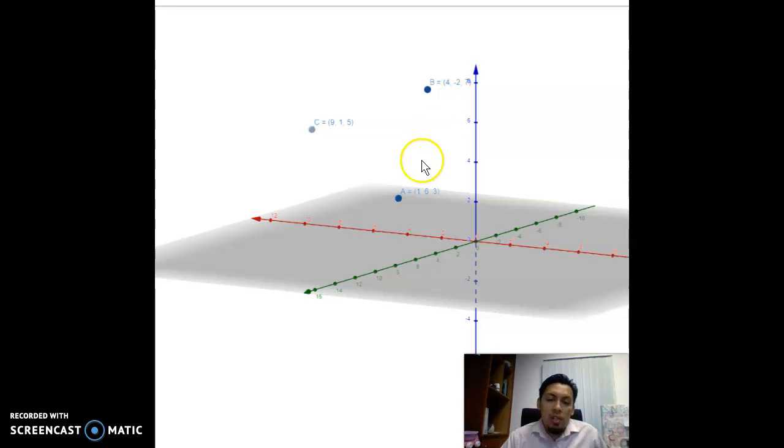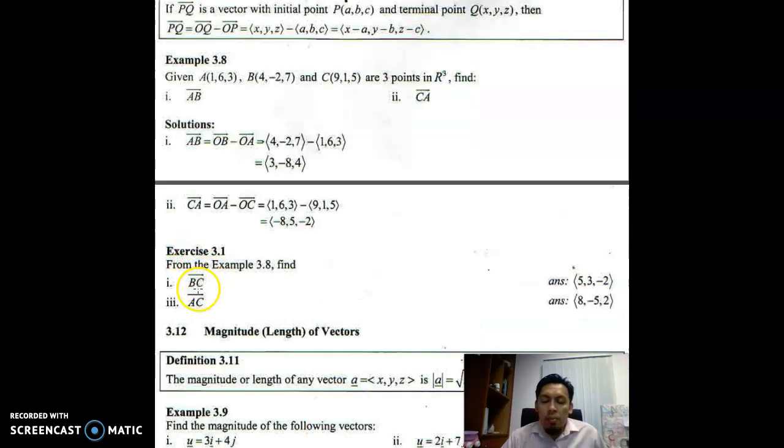Again, this is just a Cartesian coordinate, and first they want us to look for vector BC.